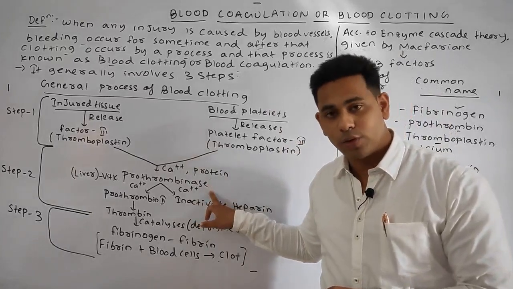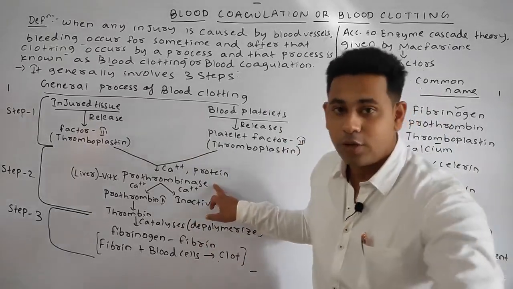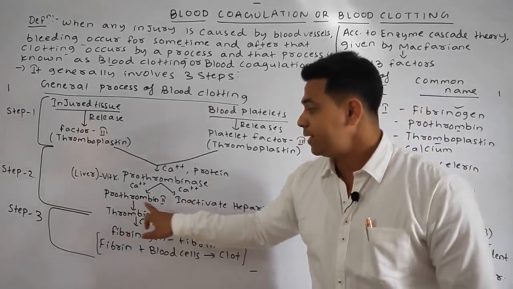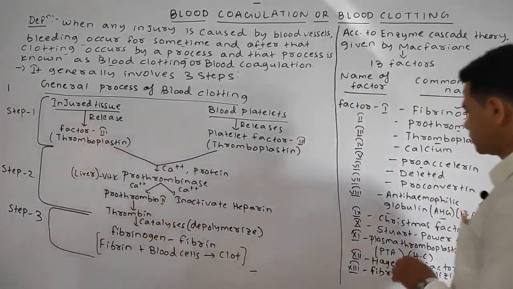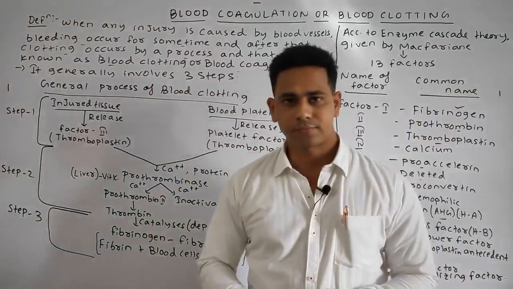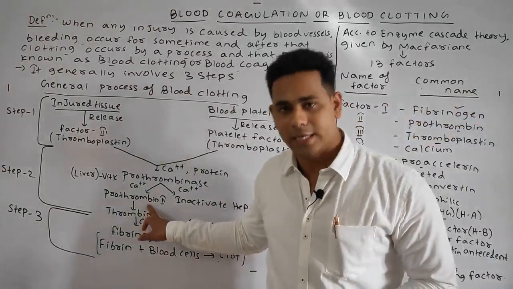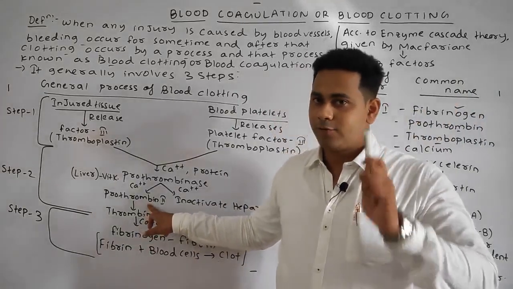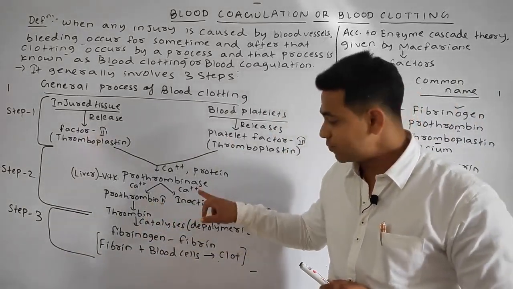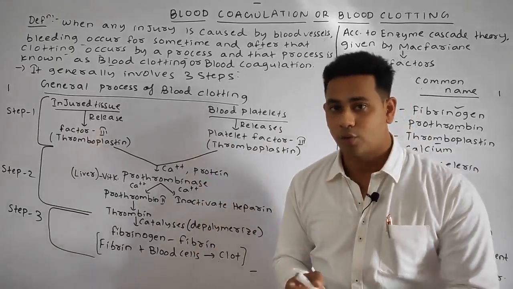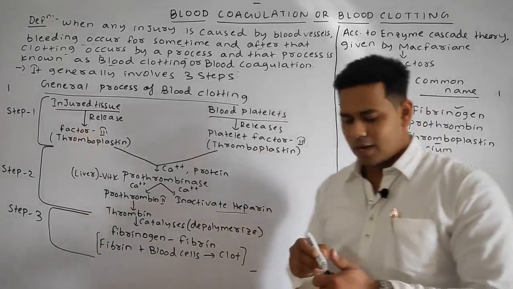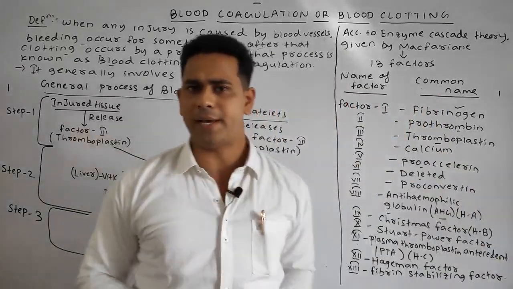That prothrombinase, students, in the presence of calcium, forms prothrombin, which is factor number 2, and it is basically in the inactive form. Then further, in the presence of calcium it does another function: it inactivates the heparin. Now the question arises, what is heparin, students?